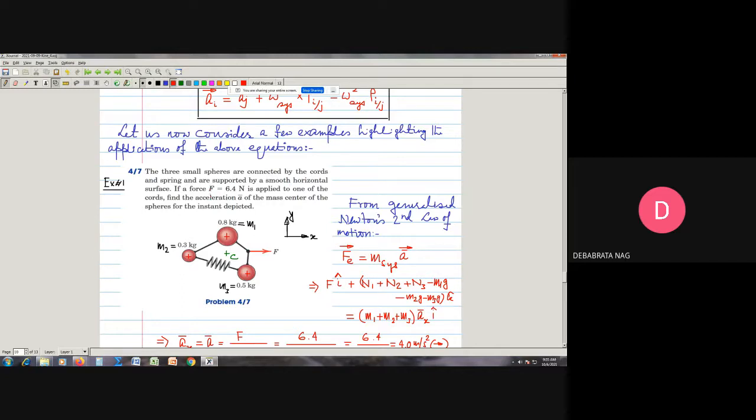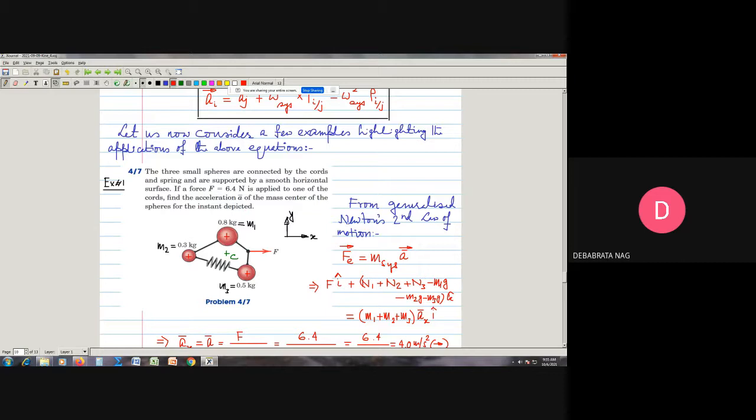Now, a force F equal to 6.4 Newton is being applied to one of the cords like this. Find the acceleration a bar of the mass center of the spheres for the instant that is being depicted here.